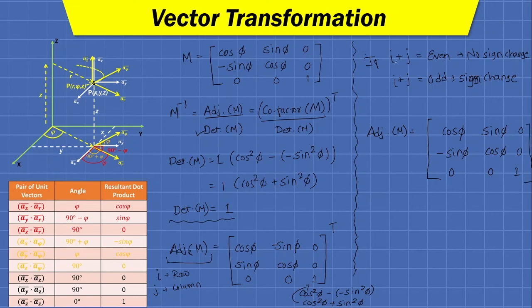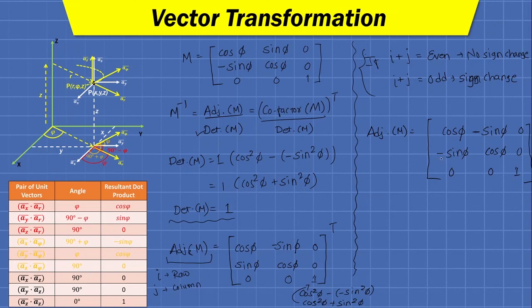Now applying this rule for the sign change, this is element 1, 1. The values of I and J are both 1, and 1 plus 1 is 2, which is even, so for this element the sign will not change. This element, sin phi, is element 1 2, and 1 plus 2 is 3, which is odd, so this sign will be changed. Same way here, this is element 1 3, and 1 plus 3 is 4, so the sign will not be changed.